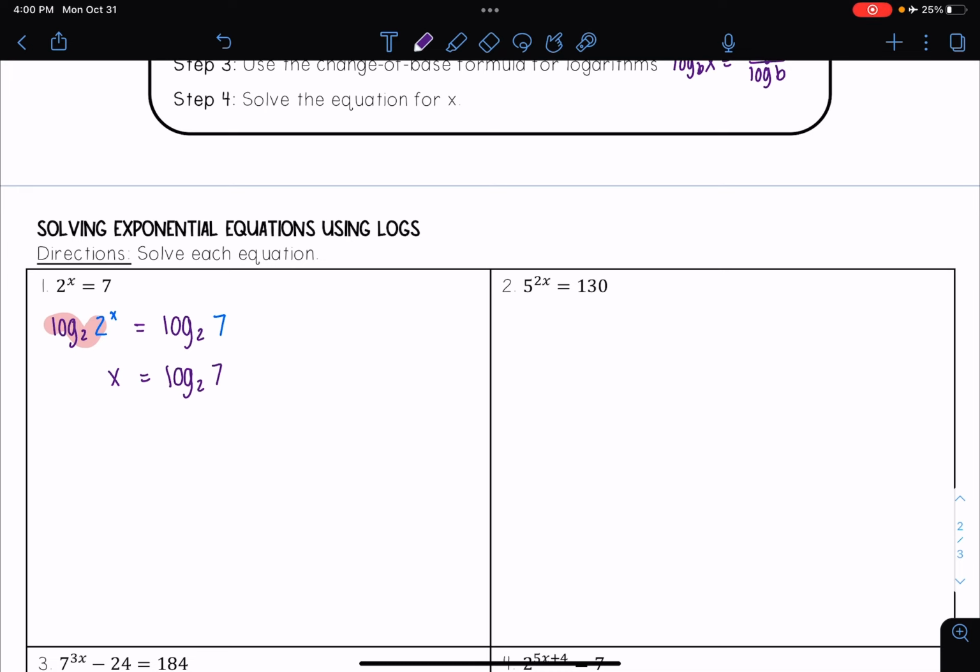Now that I have x isolated, I need to figure out what log base 2 of 7 is equal to. So this is where our change of base formula comes in. Using my change of base formula, I see that x is equal to log of 7 over log 2. And when I put that into Desmos, I get that x is approximately 2.81.